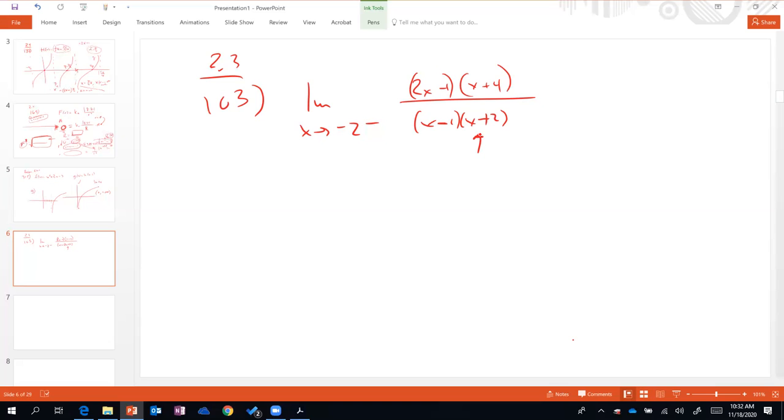Okay, let me check the top here. So that's 2x squared, and that's a minus that.